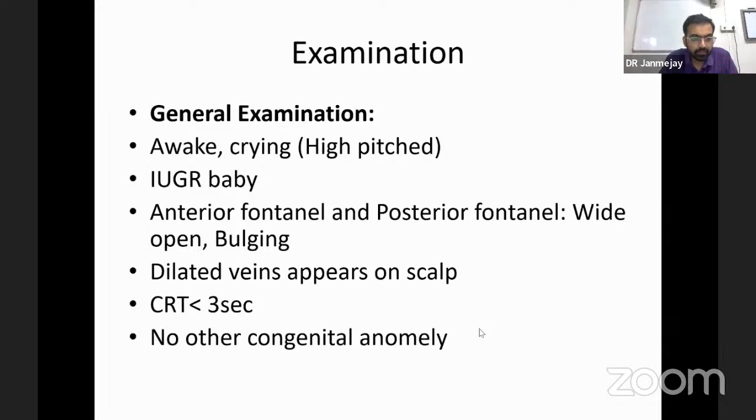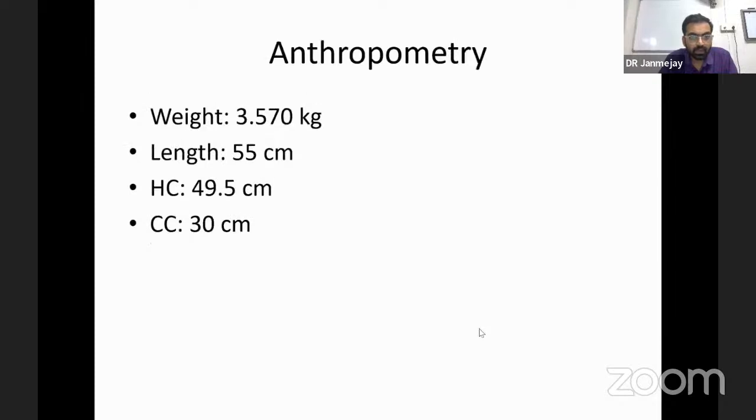Capillary refilling time is less than 3 seconds. No other congenital anomaly present. On anthropometry, child had weight of 3.5 kilogram, length 55 centimeter, head circumference 49.5 centimeter, and chest circumference 30 centimeter.